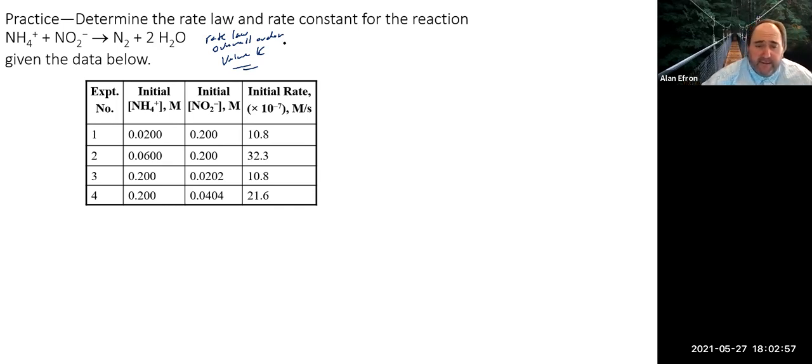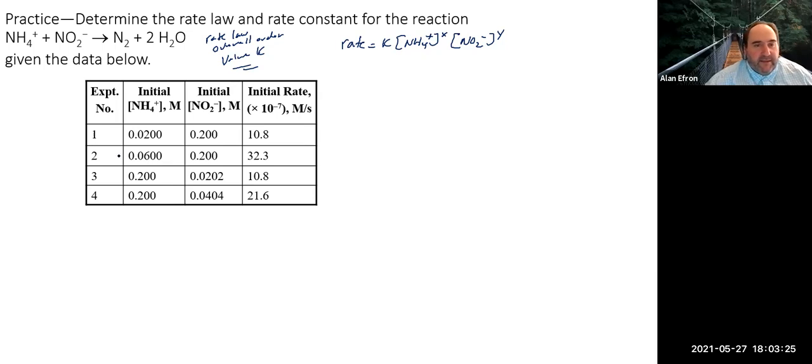We're going to just start out with the basic sort of generic rate law, which would be something like the rate is equal to K. Again, just our reactants involved here. So NH4 plus to the X, a little NO2 minus there to the Y. Here we actually have 4 entries, and as I mentioned last time, we could have 4 entries, 5, 6, 7, a whole bunch. Usually we'll at least have 3.